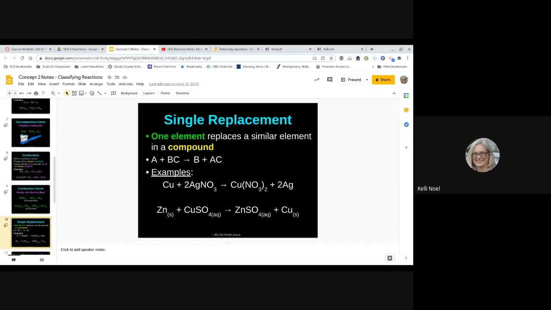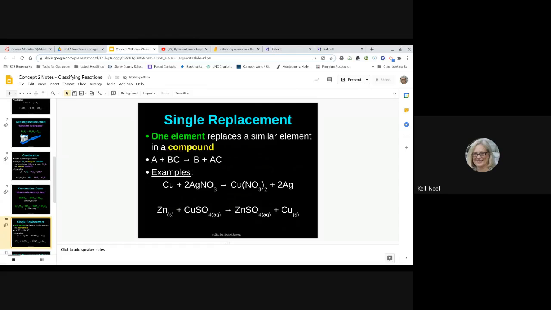All right, one element, single replacement. One element replaces another. I like to call this kind of the one spouse decides to leave his or her spouse and move in with another person, or divorce and hook up with a new person. It's a weird analogy, but I guess it works. You have a couple here, silver and nitrate, they're together, and it could be a dating relationship.